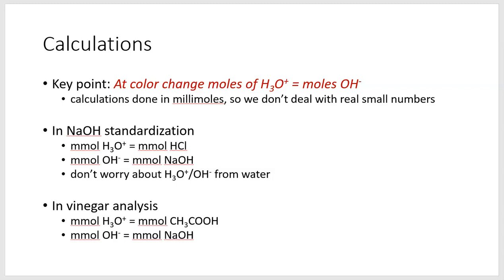So at that color change, the millimoles of HCl and the millimoles of NaOH are going to be equal. Similarly, the acetic acid is monoprotic, and again, we're using sodium hydroxide. So we can say the millimoles of acid are equal to the millimoles of base at the color change, and it's just at the color change. That's why we really have to determine when that happens.